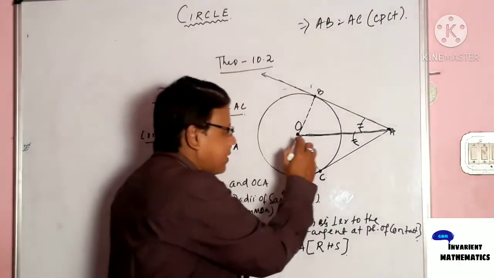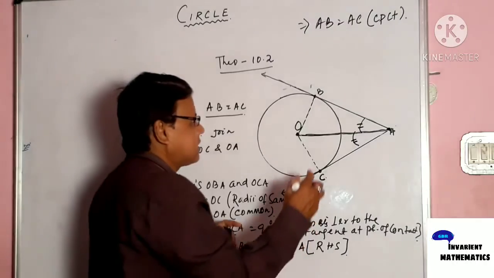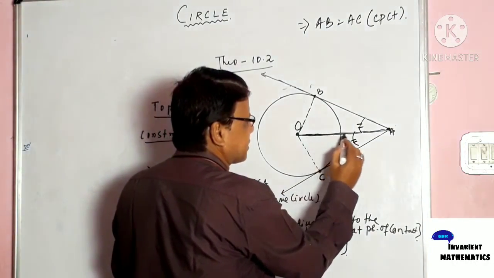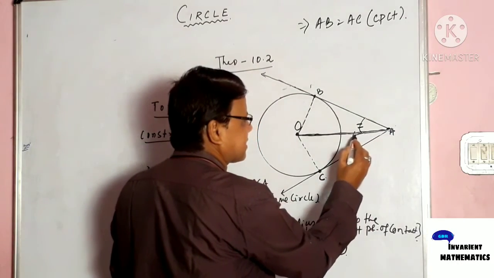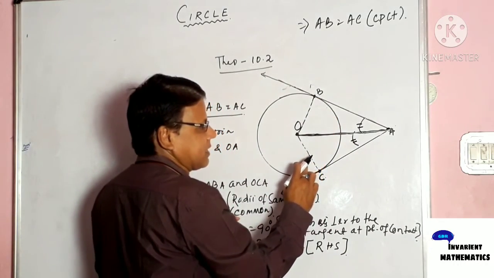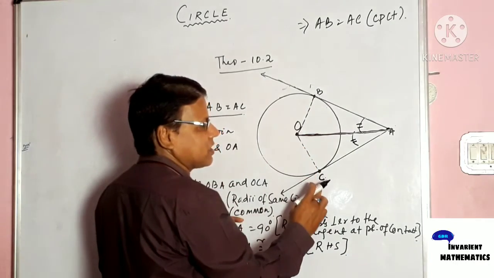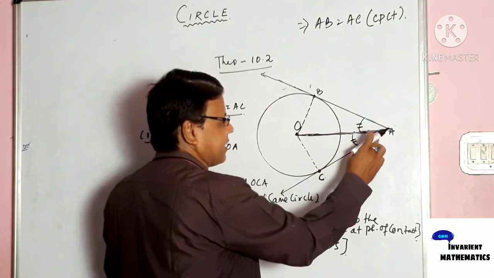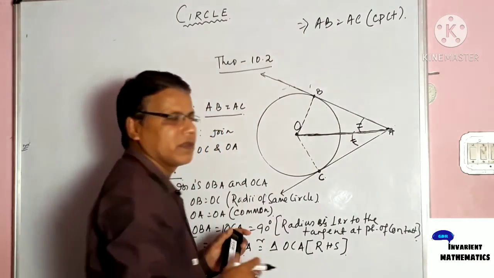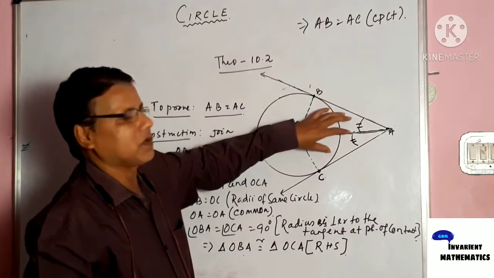Again, it also bisects the angle between the two radii. That means OA, the line joining the center with the point where the tangents are drawn, bisects the angle BOC. So BOA is equal to COA. From this theorem we conclude two corollaries.